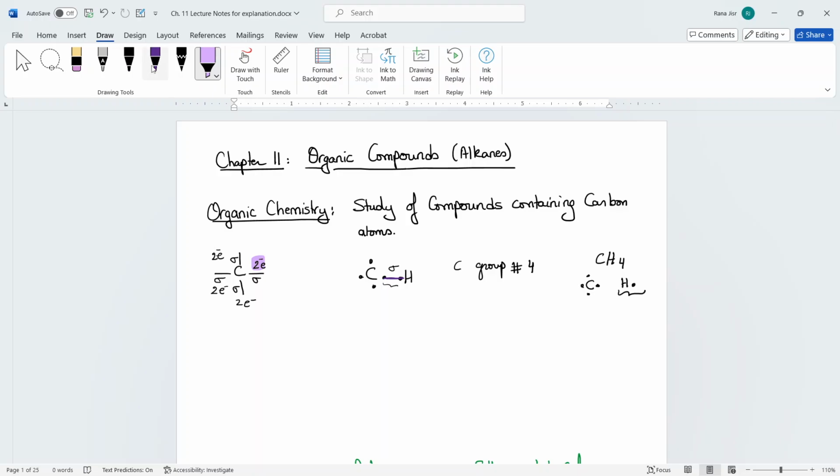So to draw the Lewis structure of CH4, you have to draw all of these hydrogens, and each of these bonds represents 2 electrons. Now, these bonds are considered to be covalent bonds, and covalent bonds are the most common bonds in organic chemistry compared to the ionic bonds.